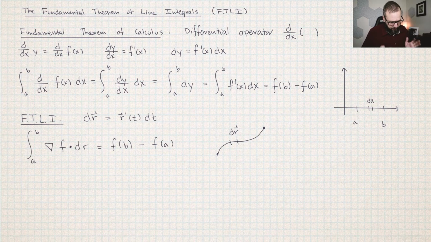I have the fundamental theorem of line integrals written here, and this is really a time where it is very, very transparent that the gradient is doing the same job that the derivative used to do. So on a purely symbolic level, let's match up the symbols in the fundamental theorem of calculus with the symbols in the fundamental theorem of line integrals.